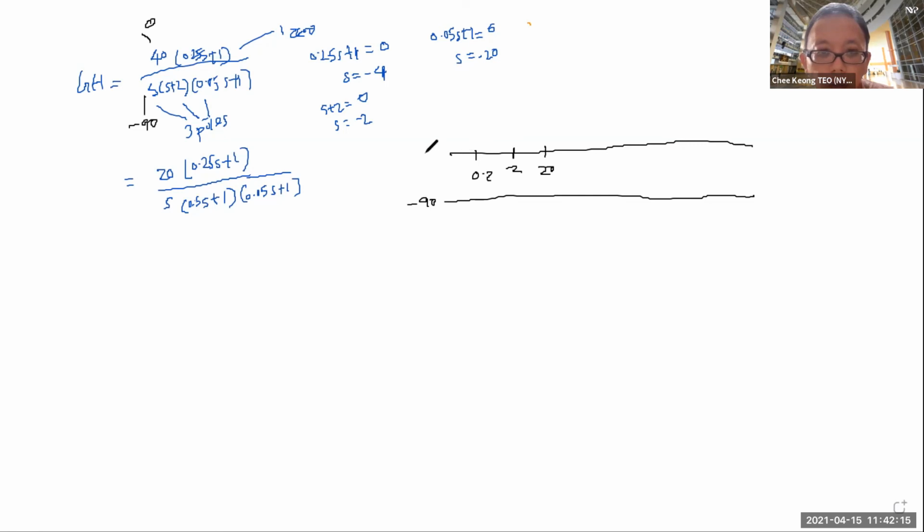It must be flat originally, and then it must go down to minus 90 at 20 radians per second. So that's how it should look, sloping down. That is your phase for 1 over s plus 2.